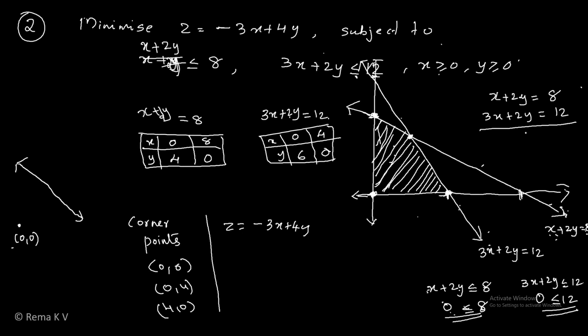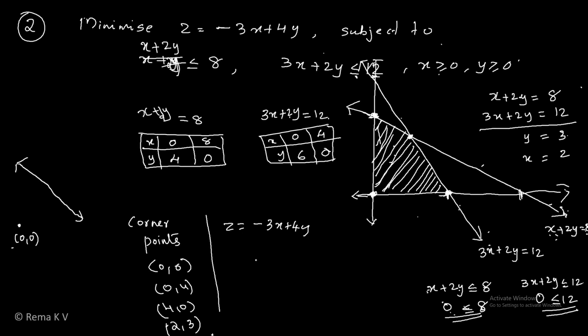Okay, y is equal to 3. We will get the value of y as 3 and then x is equal to 2. Okay, so the corner point is 2, 3. Okay, so you got all the 4 corner points here.